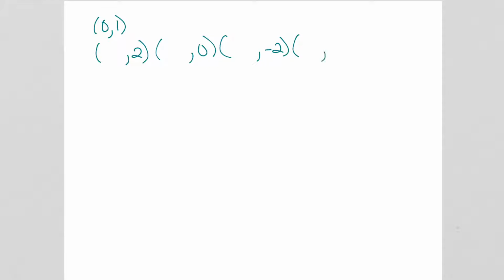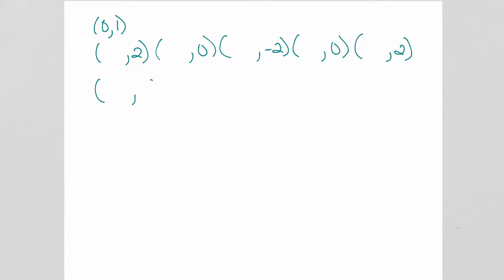So don't write this down yet. But the vertical shift is making all these y values go up 1. So, hey, let's just leave it like that, because we'll have to write some more down below anyway.